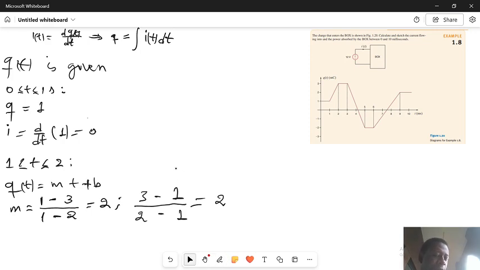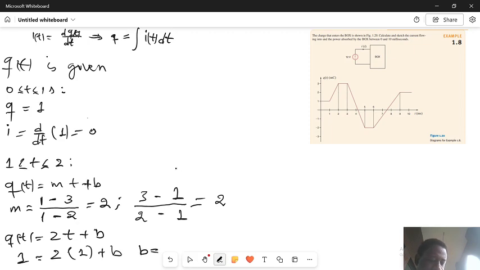Now I can determine the value of b. I have q(t) equals 2t plus b, because the value of m is 2. To determine b, I take an initial point. At t equal 1, the value of q is 1. So I have 2 multiplied by 1 plus b equals 1, which gives b equals 1 minus 2, equal minus 1.